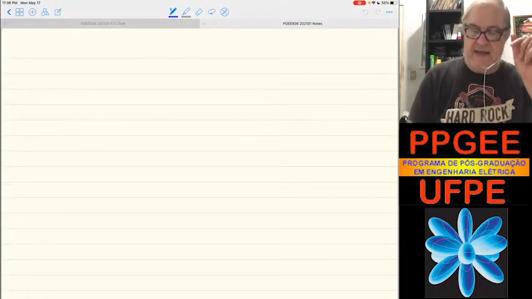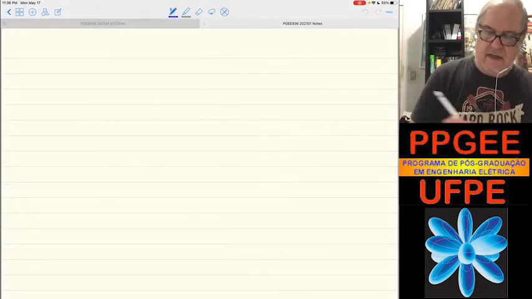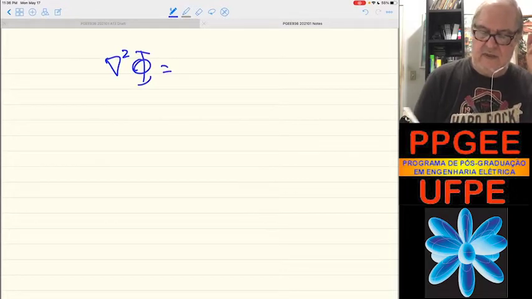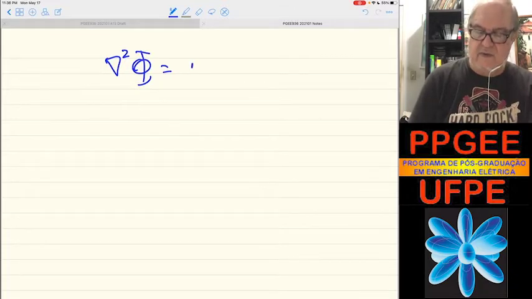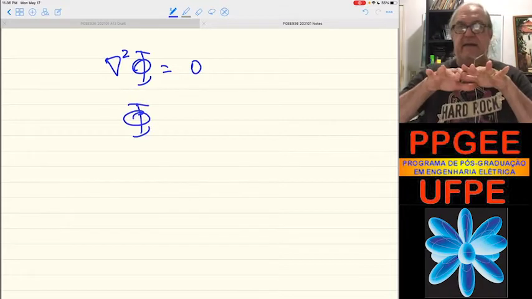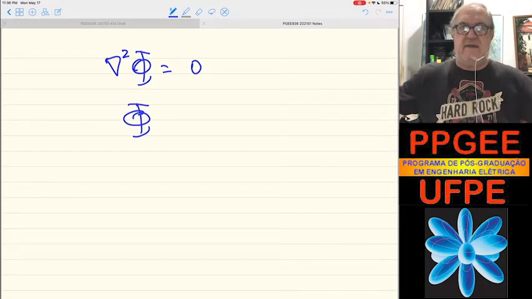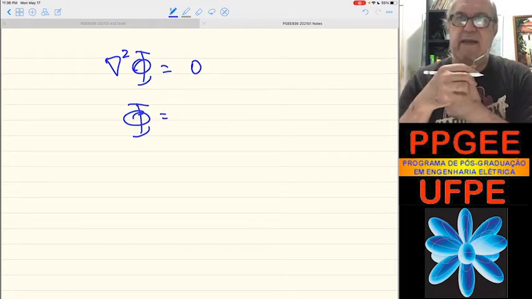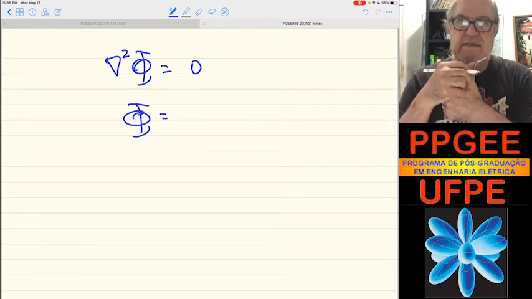I can always write, if we have something like this equal to either a delta function or equal to 0, let's say, we can always expand. We have an unlimited domain in the R direction, and no dependence on the azimuthal coordinate.